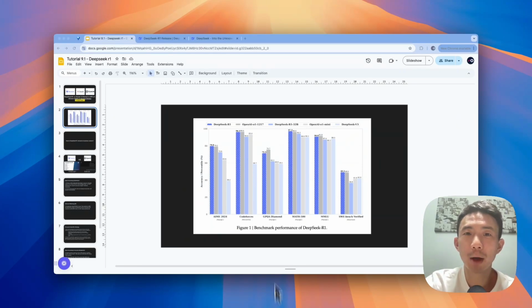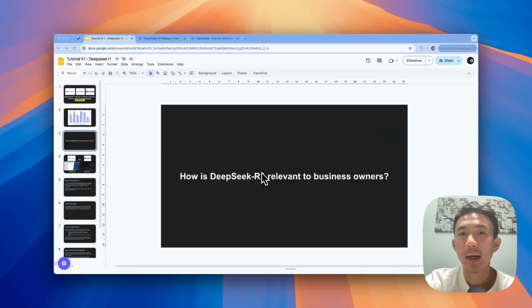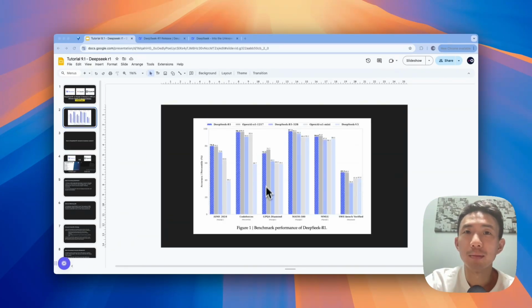And the third benchmark is GPQA Diamond, which means general purpose question answering in the diamond tier. It tests deep expertise in science, philosophy, and technical fields, for example, explaining quantum entanglement in simple terms. As you can see, it is also comparable to OpenAI's model, and it is much better than OpenAI's O1 mini model as well.